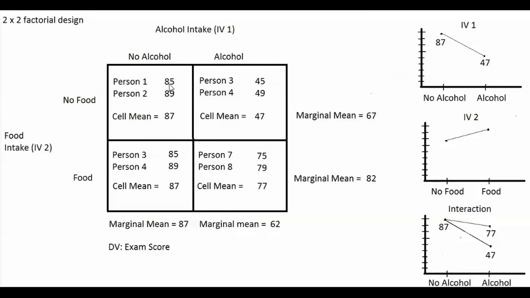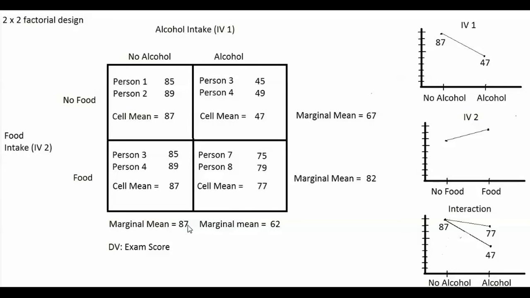If I did that, then my no alcohol condition would include 3 people who had no food, and my alcohol condition would only include 2 people who had no food. That would confound the difference between these two column means. It would either make the difference between these two column means larger or smaller than it would otherwise be.